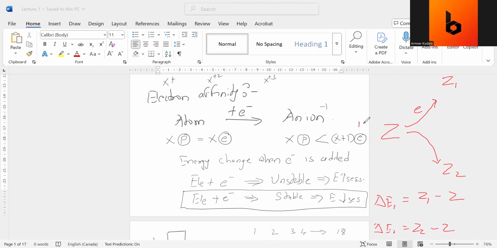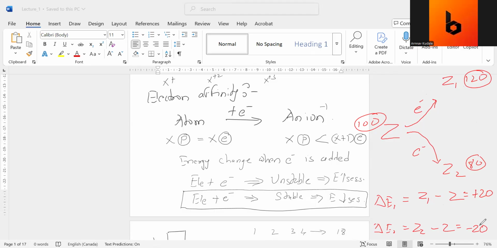Let us say Z is 100, Z1 is 120, and Z2 is 80. So I described a scenario where, when the electron is added, energy increases to 120, and another scenario where energy is decreasing to Z2. In this case, the energy change would be plus 20. Or in this case, the energy change would be minus 20.